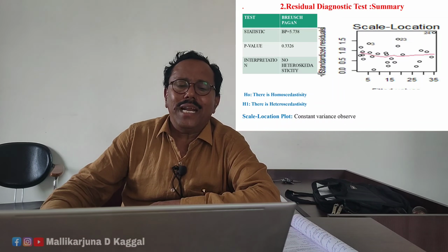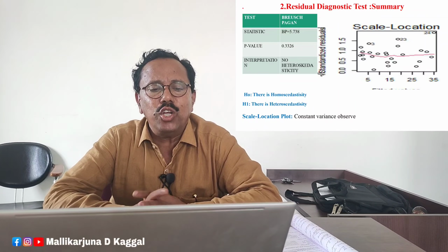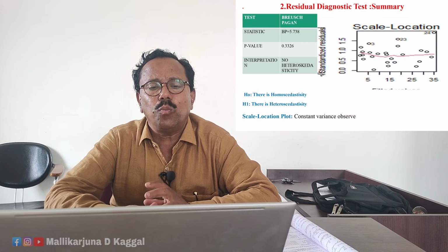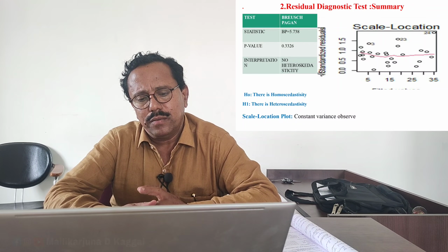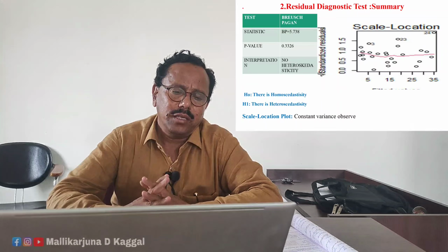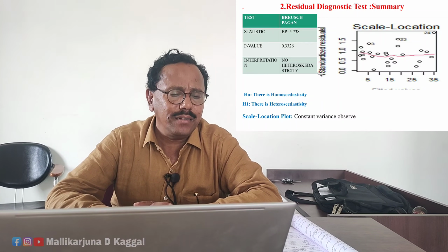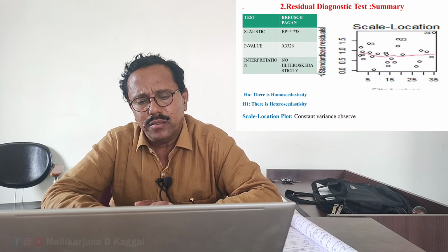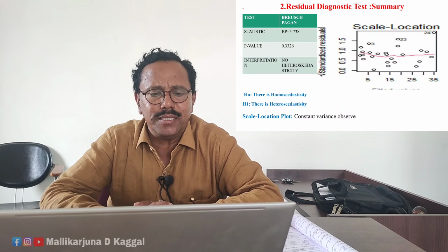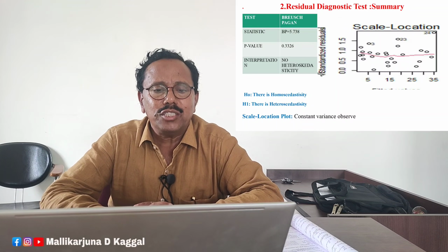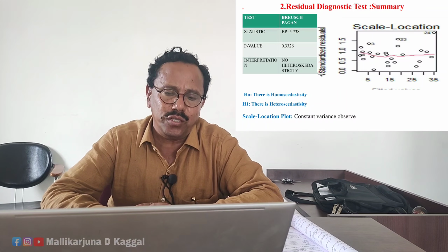So to accept the null hypothesis, our p-value must be more than 0.05. This is common: to accept the null hypothesis, your p-value must be greater than 0.05. To accept your alternative hypothesis, your p-value must be less than 0.05.